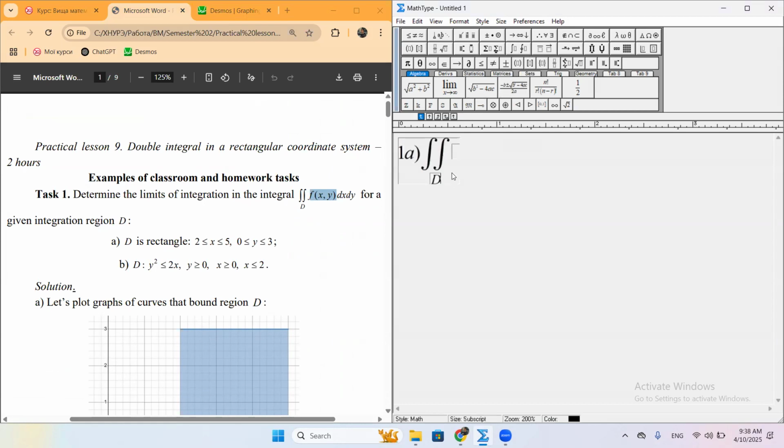So the integral will be the following. Firstly, in the outer integral, we will assign limits of integration by x, and in the inner integral, we will assign limits of integration by y.